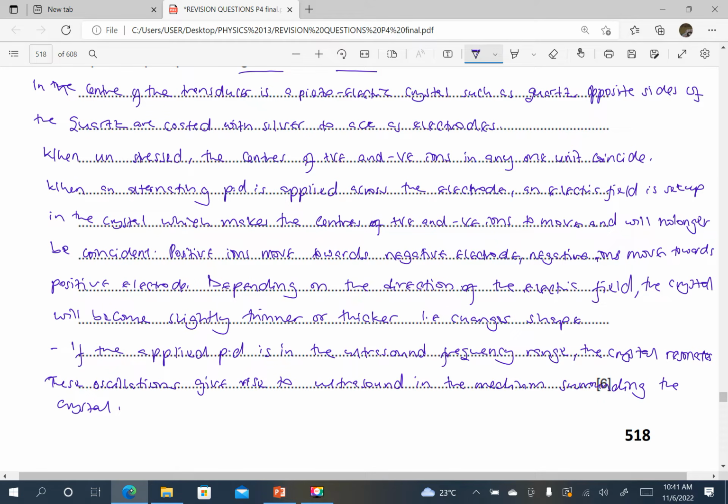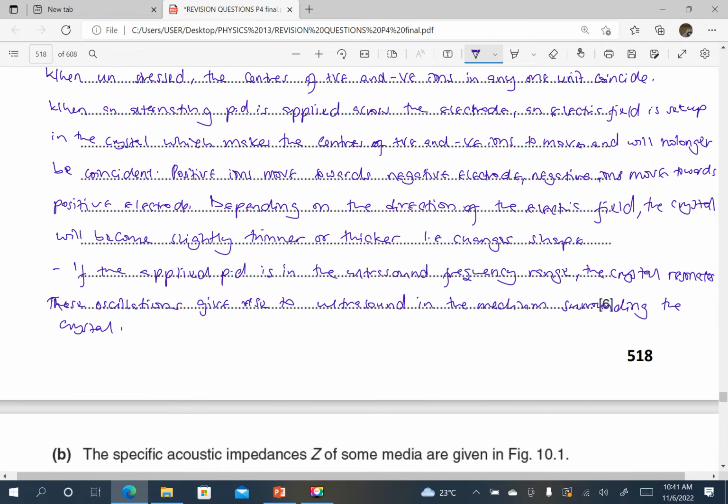Because the crystal resonates, these oscillations of the crystal give rise to ultrasound in the surrounding medium. Now that is production.